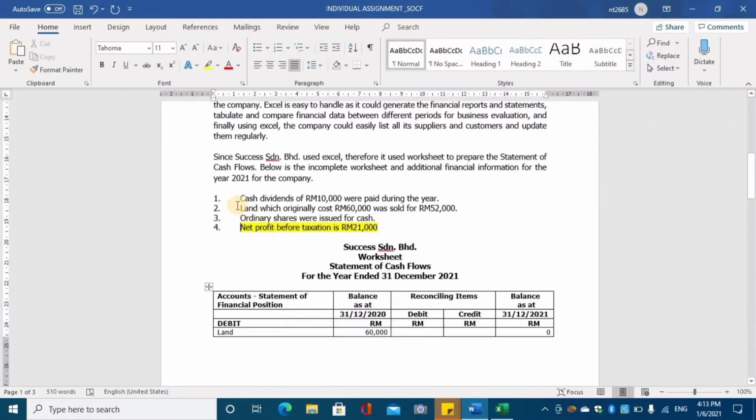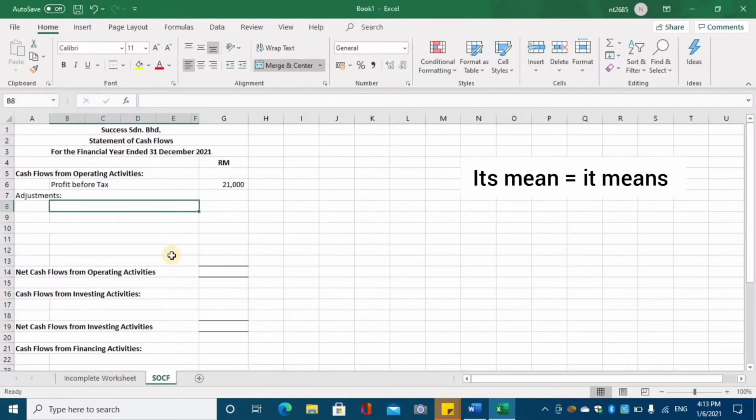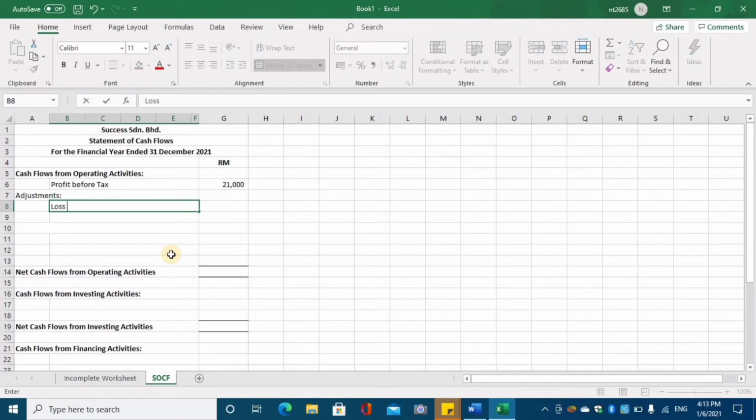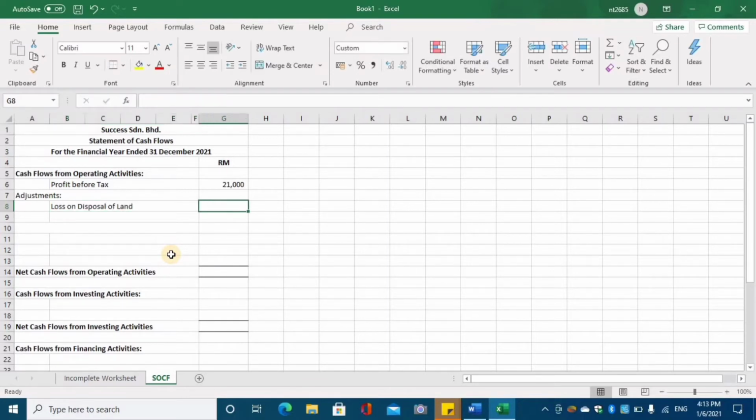From the question, land which originally cost 60,000 was sold for 52,000. It means we have loss on disposal of land. 60,000 at cost minus 52,000, we get 8,000.